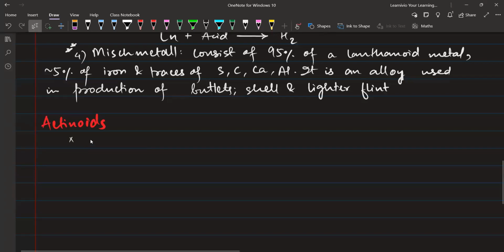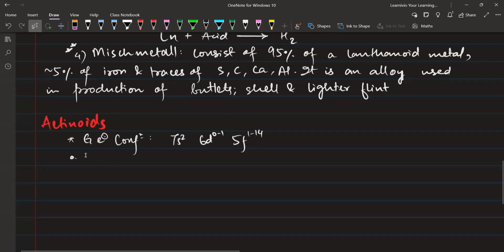So in actinides also, you are going to have general electronic configuration, which is 7s2, 6d has 0 or 1 electron, and 5f 1 to 14. Now, in this case, the 5f subshell is gradually filled.